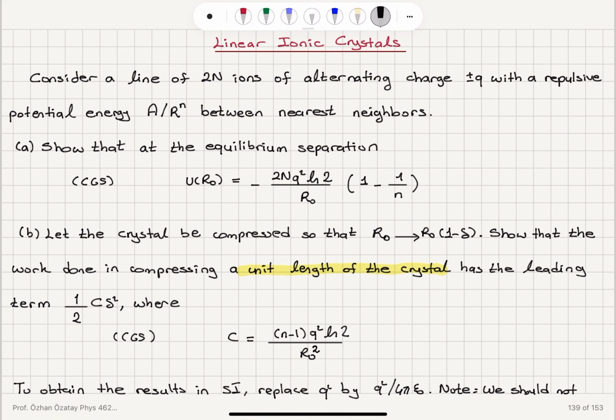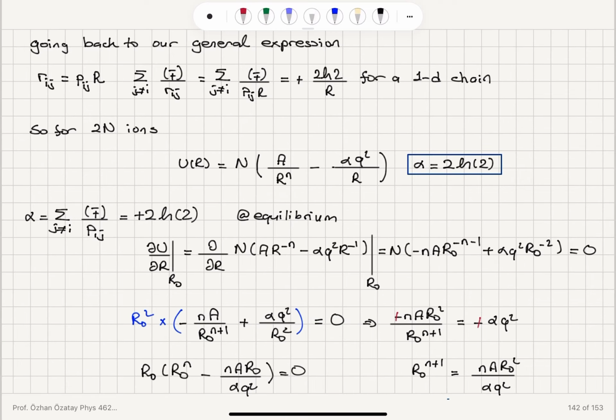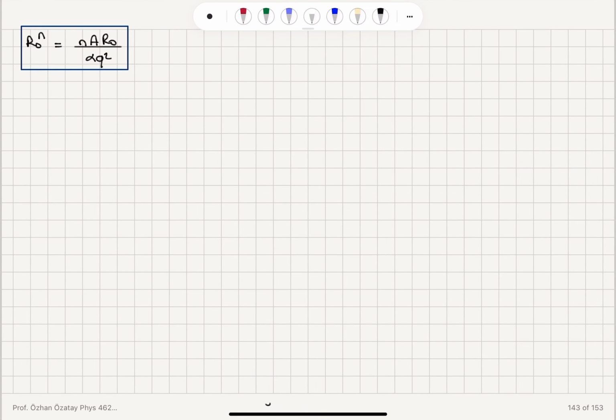The question was, at equilibrium separation, what is the potential energy, U of R0. So I will evaluate it at this value of R0.